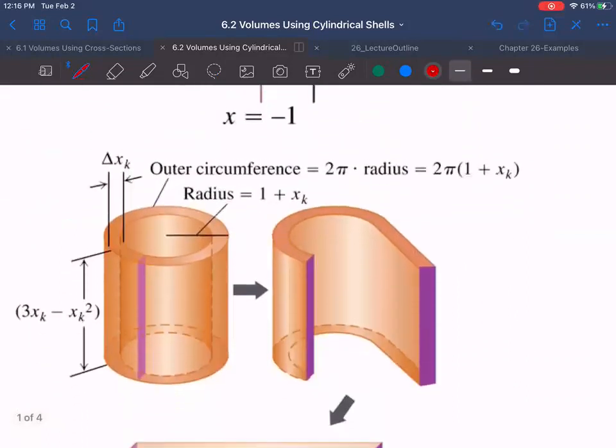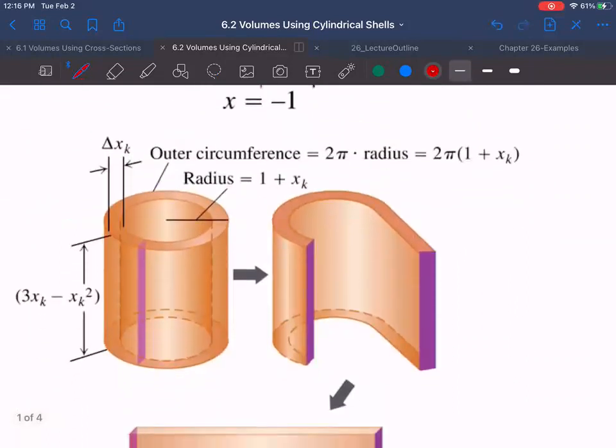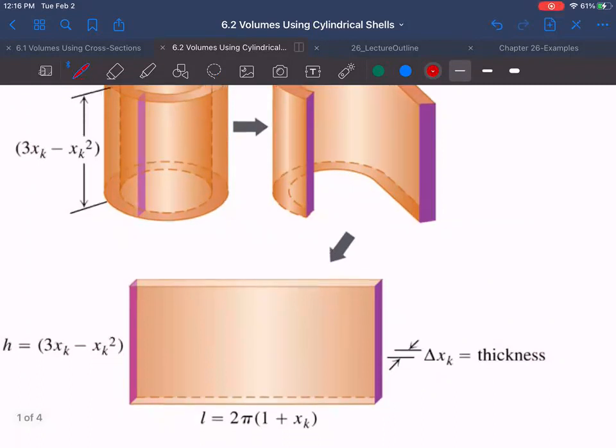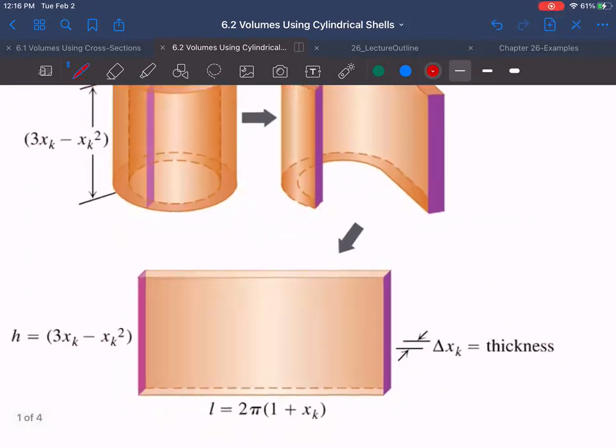If we look down here, there's an outer and inner radius for this, which we'll worry about here. But if we cut it along this line and roll out the cylinder, we essentially get some sort of rectangular box shape, right? And we can see then that we're going to have a height equal to whatever we're changing our height by.